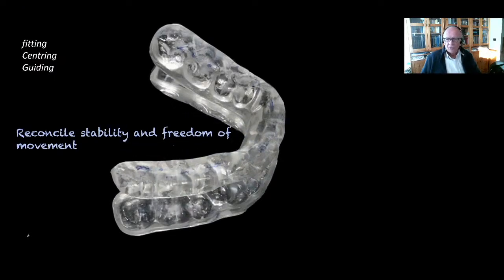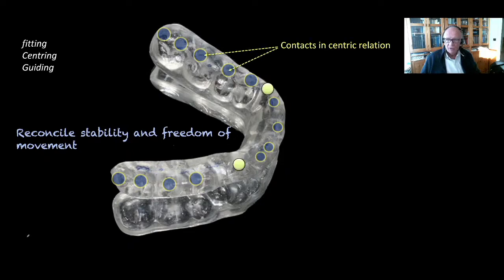Splint must give stability and freedom of movement. Both. Stability by the contact points, freedom by the light guidance.